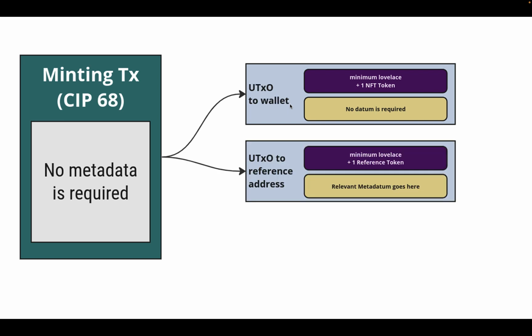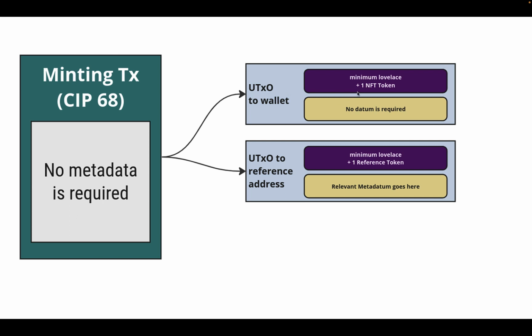With CIP68, on the other hand, we don't use transaction metadata. Instead, all of the data relevant to the NFT goes in some datum in a UTXO with what's called a reference token. Because in a CIP68 minting transaction, tokens are actually minted in pairs.